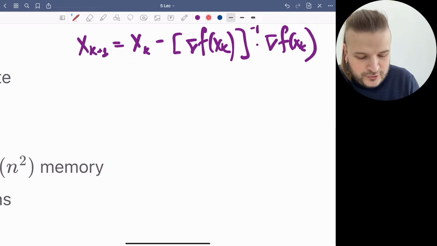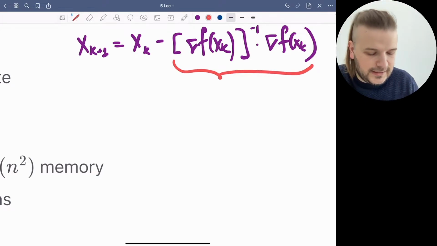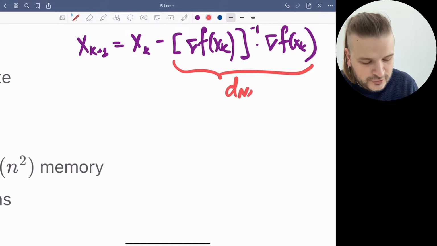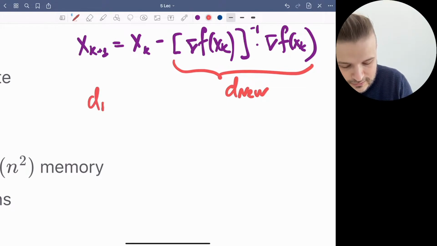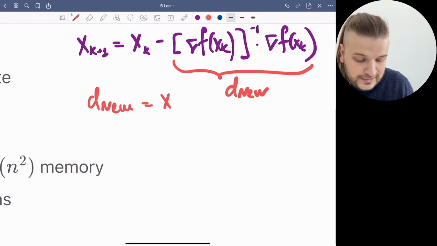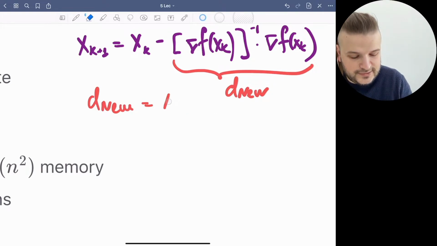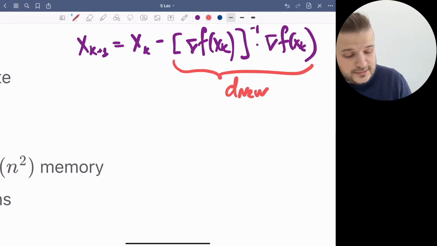Let's denote this direction as the Newton direction, nu. And what's interesting here is that nu is equal to x k plus 1 minus, let's write it the following way.